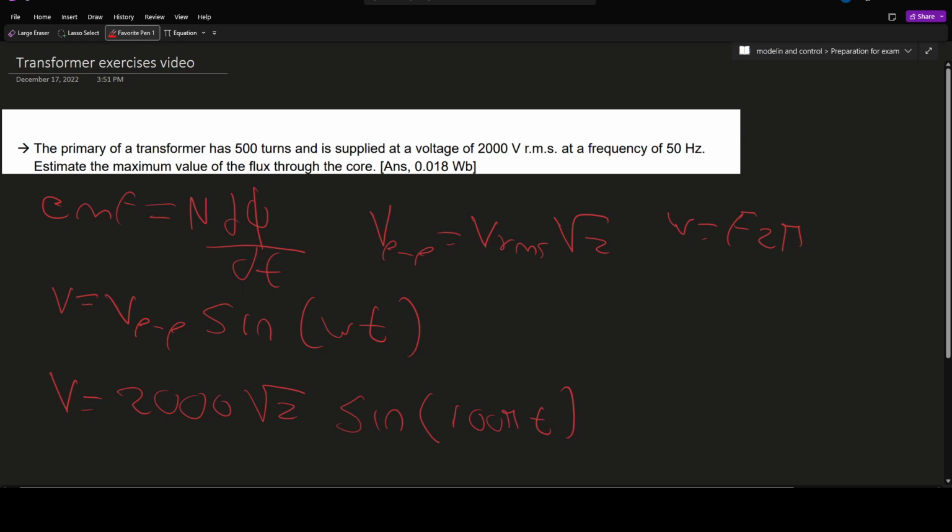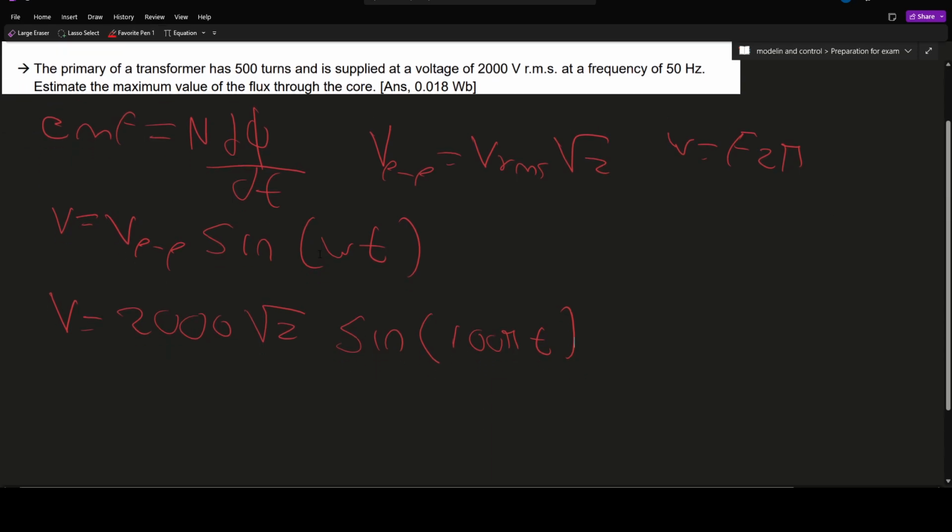Okay, and now from this equation of EMF, we have how to calculate EMF, but what we actually need is the flux.